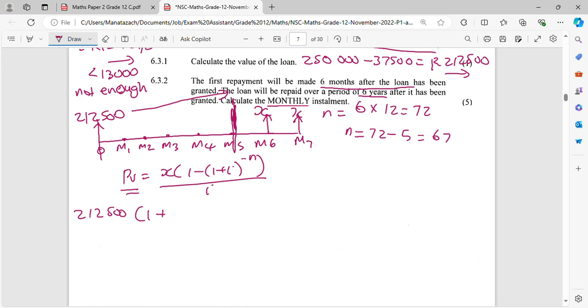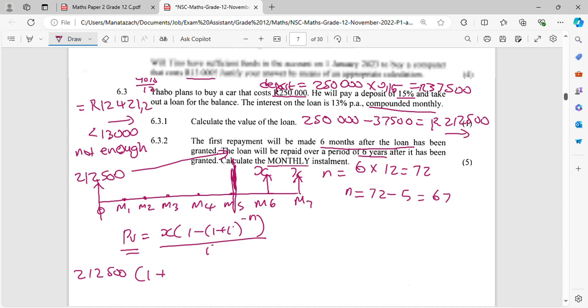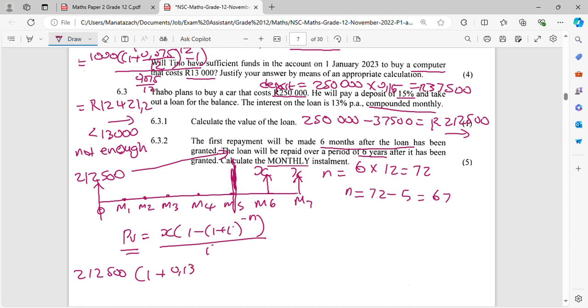So what is the interest rate again? The interest rate is 13% compounded monthly. Since you compound it monthly, divided by 12, and then over the duration of 5 months, so just say here exponent 5.